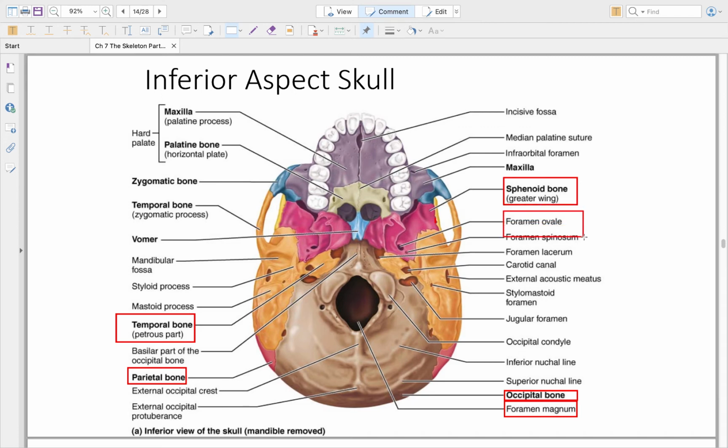So the foramen ovale, this foramen spinosum, the oval is the bigger one. Spinosum is a smaller one. And then clearly this is the greater wing. Okay, I want you to also notice the occipital condyle, the left and right.